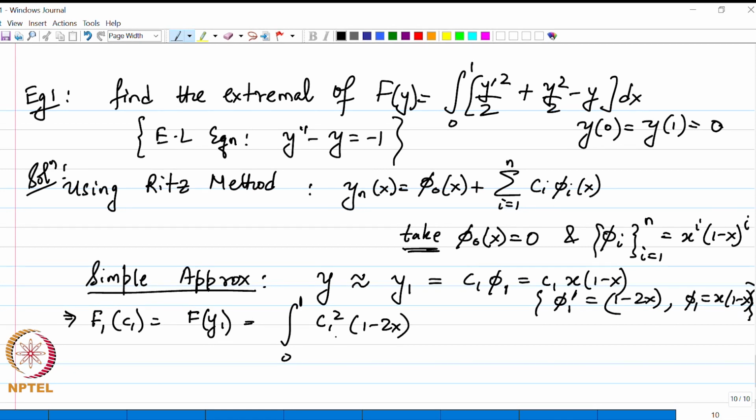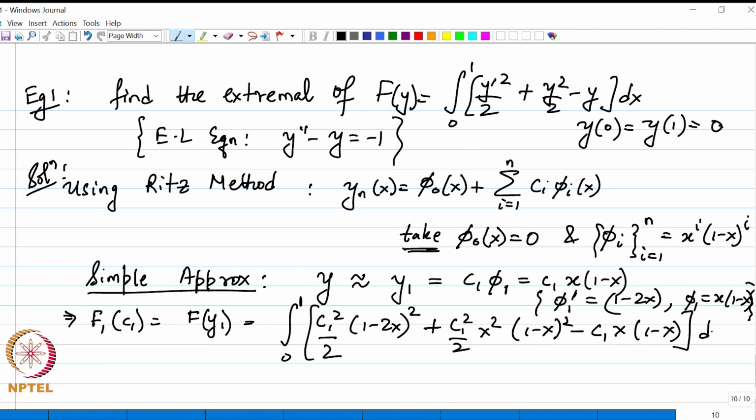So, I get the following expression now. C1 square by 2 (1 minus 2x) whole square plus C1 square by 2 x square (1 minus x) whole square minus C1 x (1 minus x) dx. Okay.